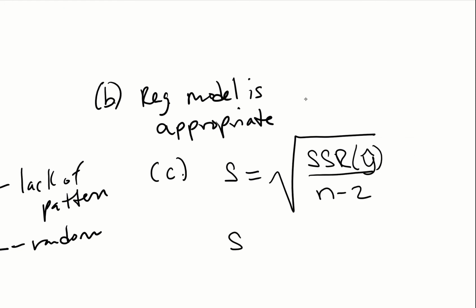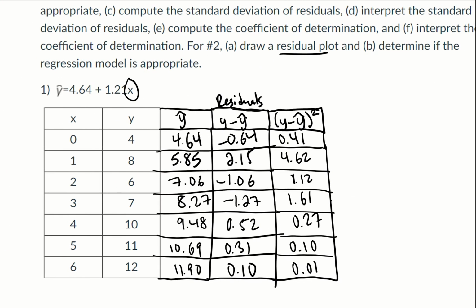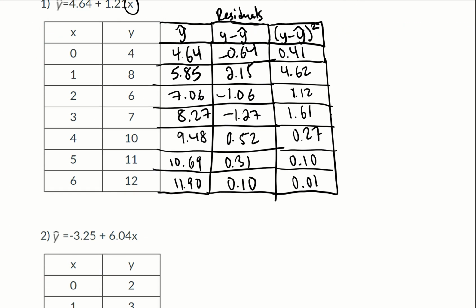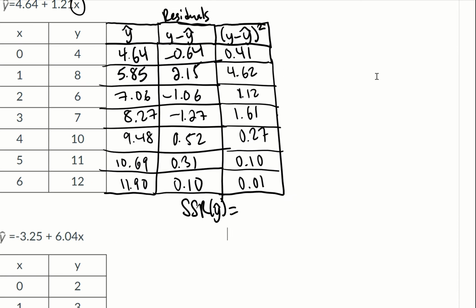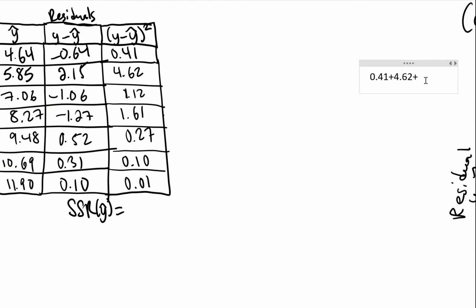Okay, so that means you have to find the total of the last column. So you add up the numbers for this column. If we add up those numbers, we'll get the total here. So we get 0.41 and so on.